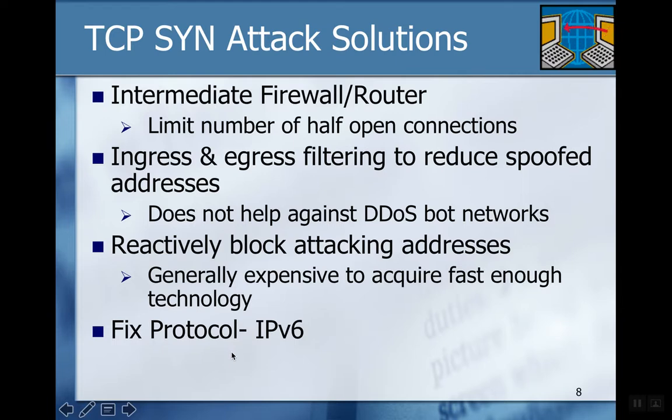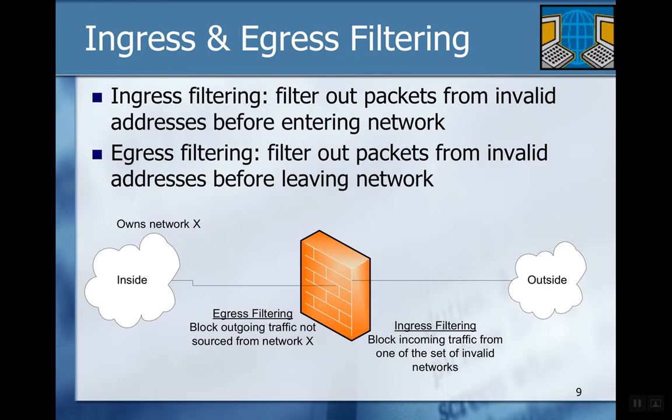IPv6 has the three-way communication in TCP, which basically alleviates this attack. So this is an IPv4 problem. This is kind of ingress, one approach: filtering packets in and out before stuff either comes out or goes in.